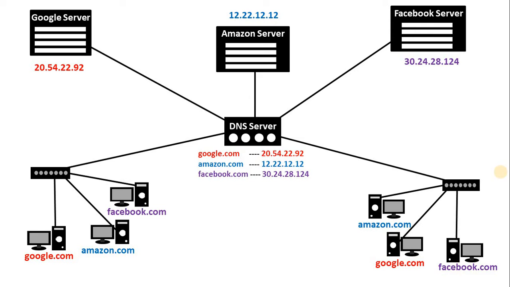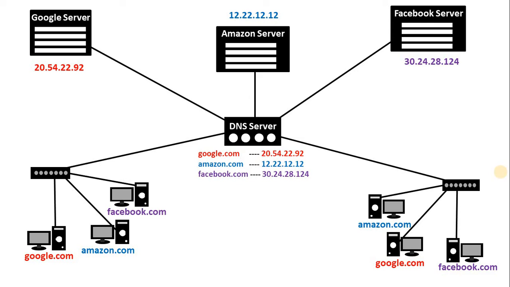An IP address is a unique identification for all the networking devices over the network. You can observe the Google server at the top left corner having the IP address 20.54.22.92. That is not the actual IP address of the Google server, but for making you understand, I have assigned an IP address for the sake of this tutorial.